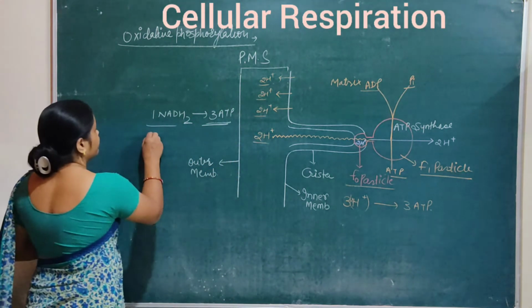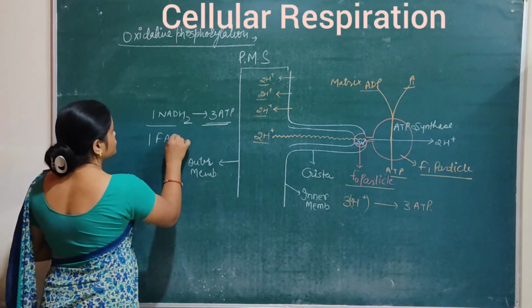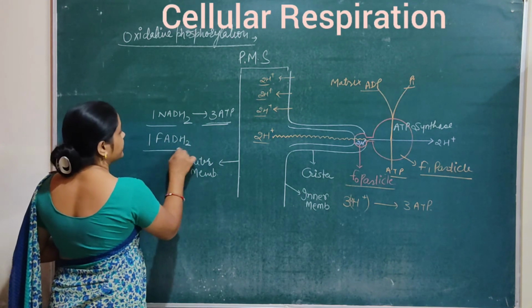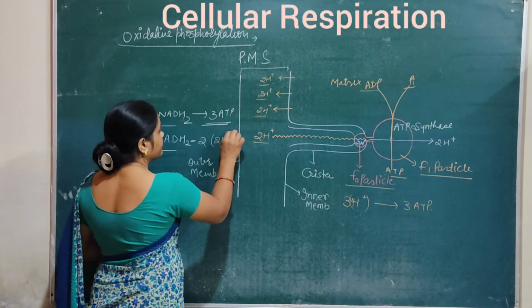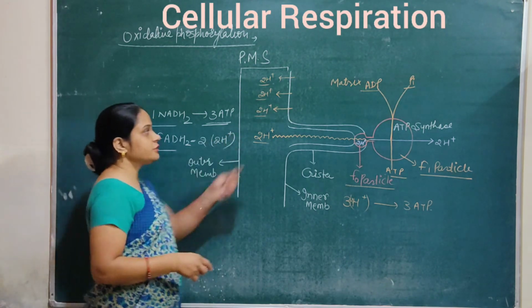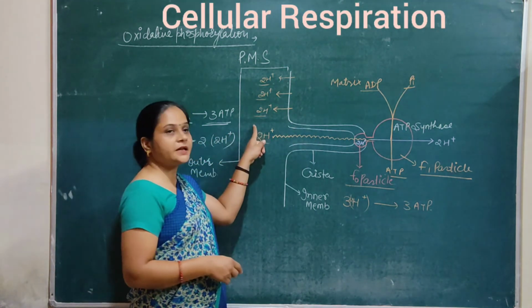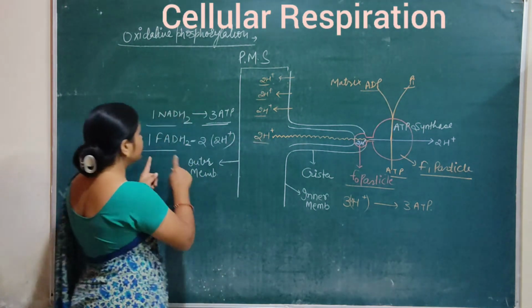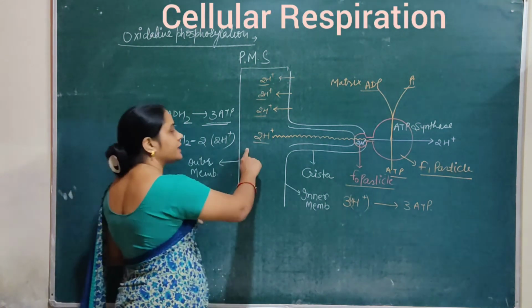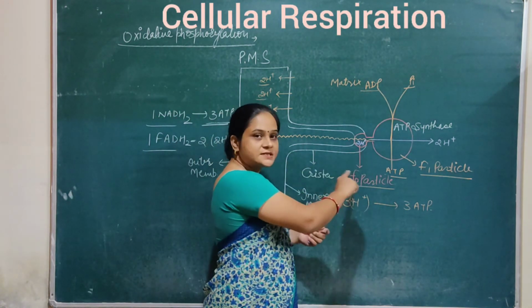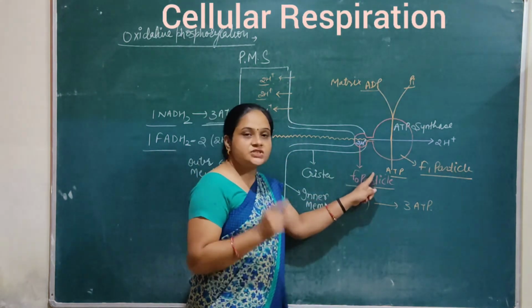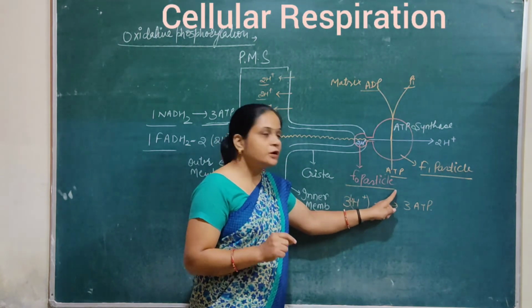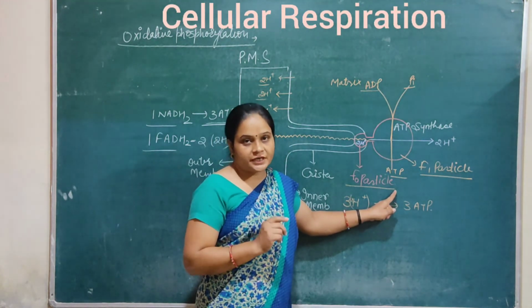Now 1 FADH2. This 1 FADH2 is responsible for pushing 2 pairs of 2H positive from the matrix to the perimitochondrial space, and when these 2H positive come back into the F0 F1 particle, each one is responsible for production of 1 ATP molecule.